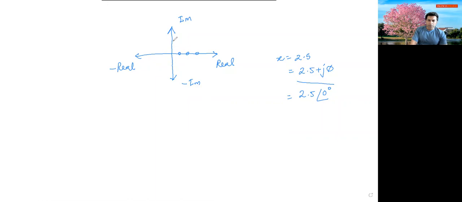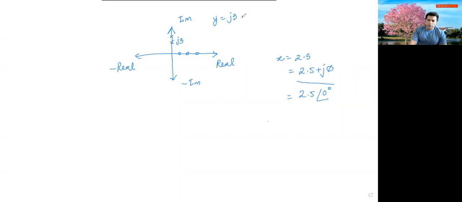If a number is located on the positive imaginary axis, let's say the number is y equals j3. J3 or 3j or 3i, whatever, j and i are both used to represent imaginary numbers.